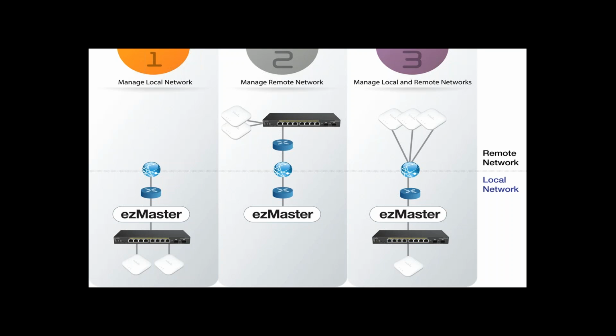Also, I can have my ezMaster locally or where I am now, like in column 3, and I go on the internet and I manage access points directly. So this whole cross-network capability makes me mobile to choose from which place I want to do the management.